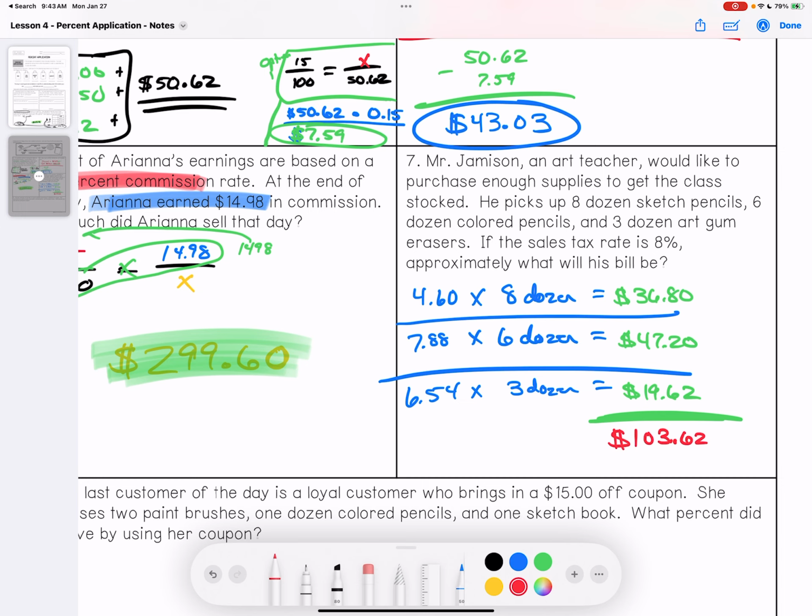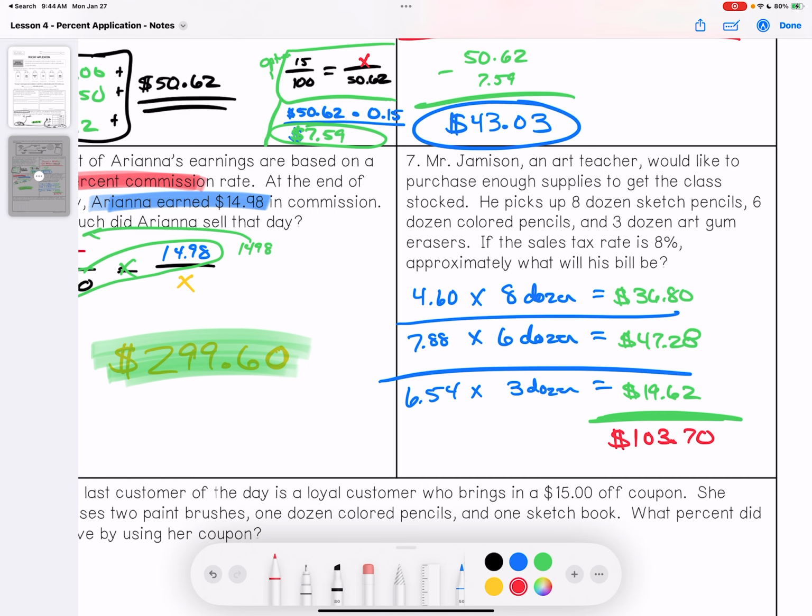Did I type something wrong? I feel like I typed something wrong somewhere. Yes, 47.28, my bad. All right.